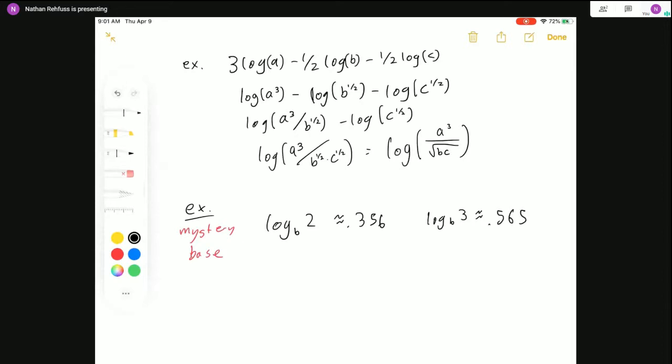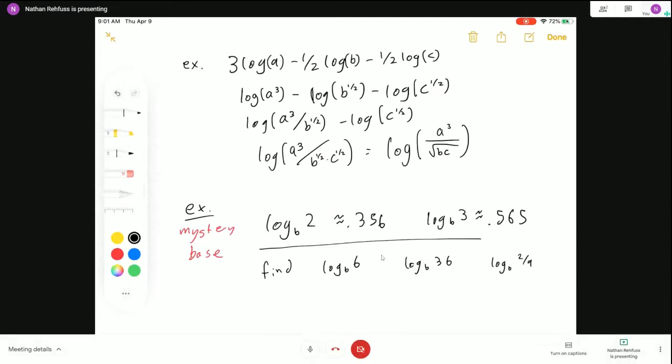And I'm going to say, if we assume these are true, I want you to evaluate the value of log base b of 6, log base b of 36, log base b of maybe 2/9. Okay?